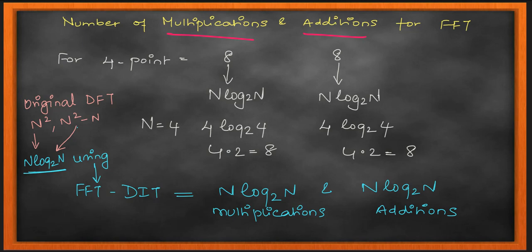For 4 points, n square gives 16 multiplications, but on the FFT side you have only 8 multiplications. And as n goes up, say for 256 points, 256 square is big, compared to n log 2n, which is 256 log 2 256, just 8 into 256. That will be much smaller.